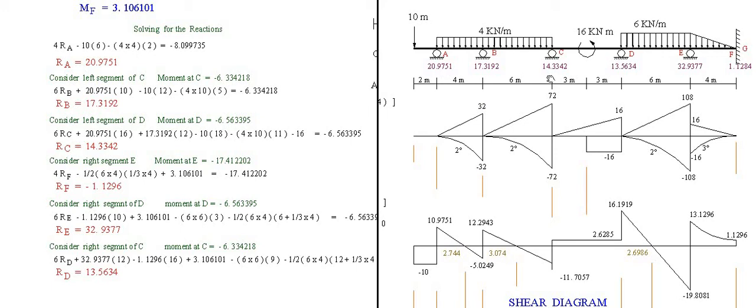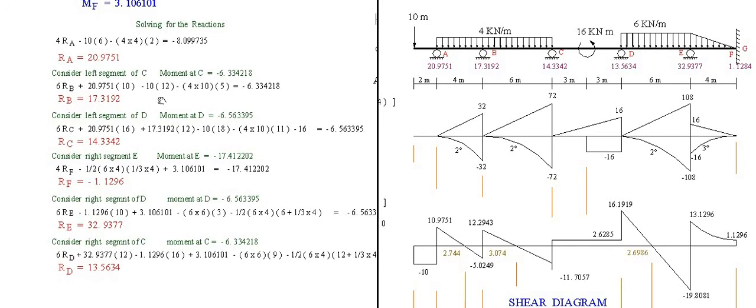This is 10, and equate that to the moment on the right, minus 6334218. Then we have only one unknown, RB, and it is equal to 17.3192.